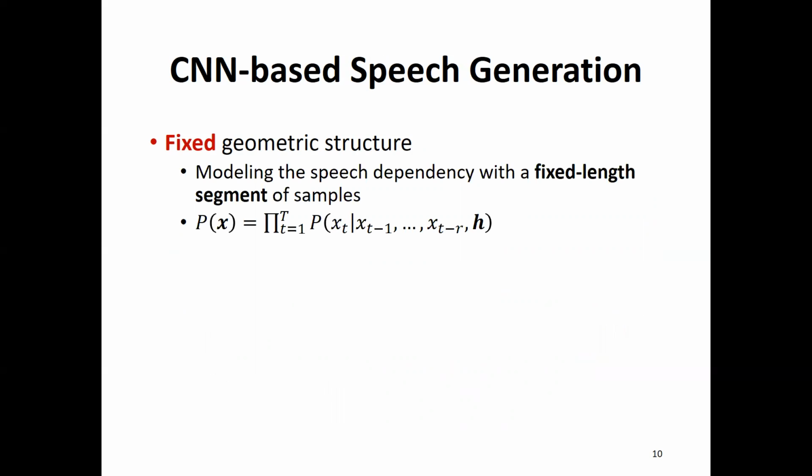On the other hand, many CNN-based speech generative models also have been proposed. Since CNN has a fixed geometric structure without any recurrent mechanism, the number of conditional previous speech samples is fixed. The fixed length segment is a receptive field.